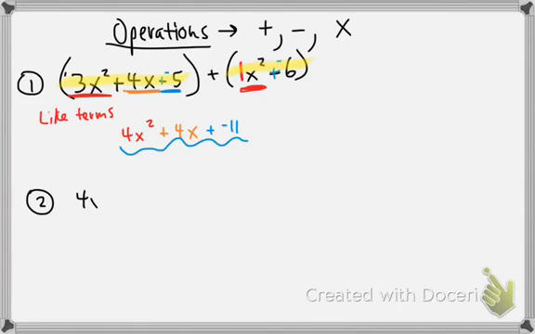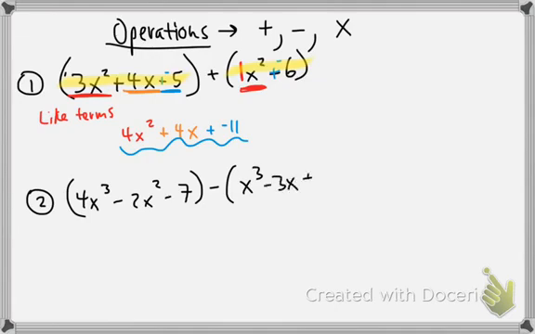Let's try this second example. Let's try 4x cubed minus 2x squared minus 7 minus, let's do x cubed minus 3x plus 4x. We'll leave it at that. Okay, so the only difference between this problem and the problem we just did before was that there's actually a subtraction sign here, okay?